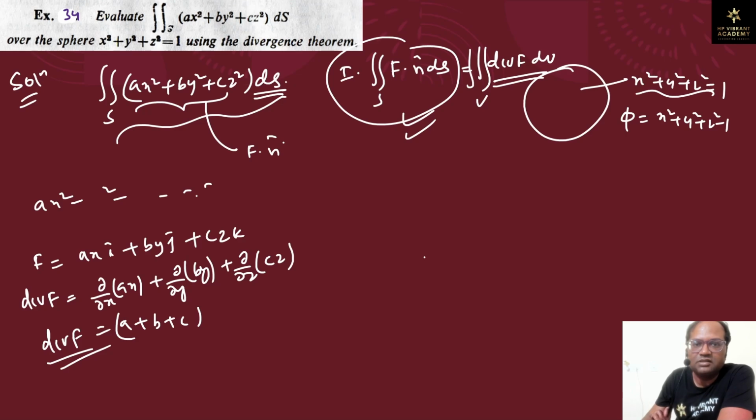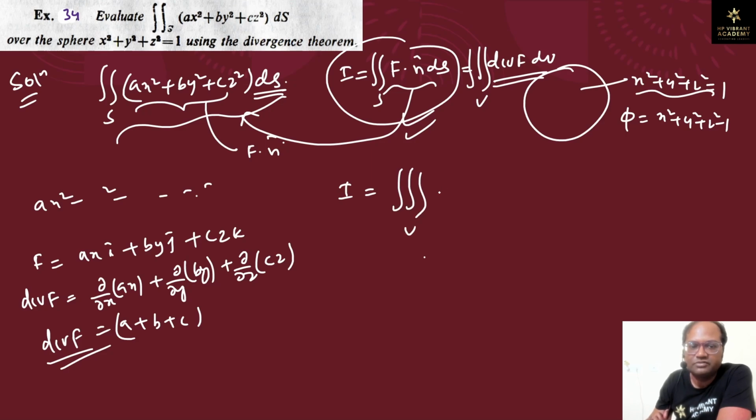Let us take this as I, and f dot n cap ds is equal to this particular expression. So I is equal to the triple integral of divergence of f, which is a plus b plus c, into dv.